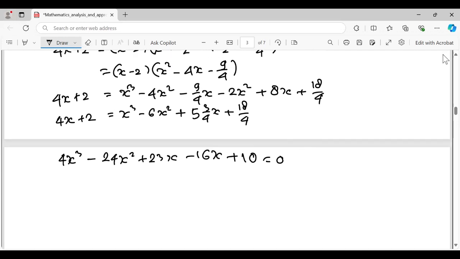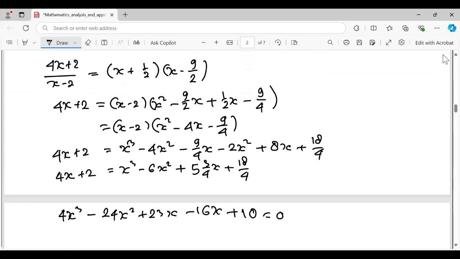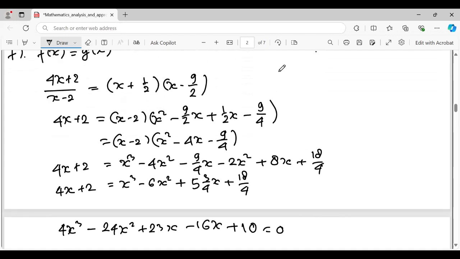Yeah, let's check. Okay, good. You're going to find this because you multiply by 4. So finally, you can find this equation.